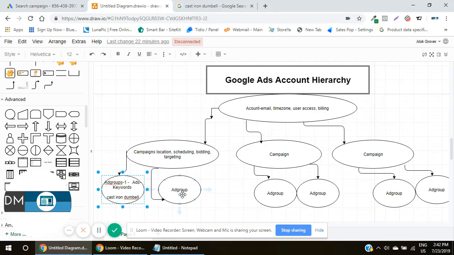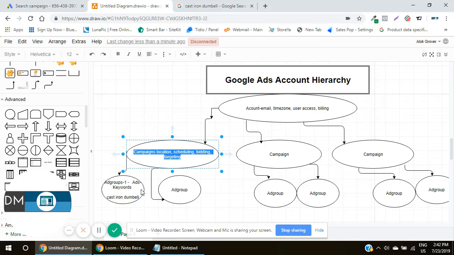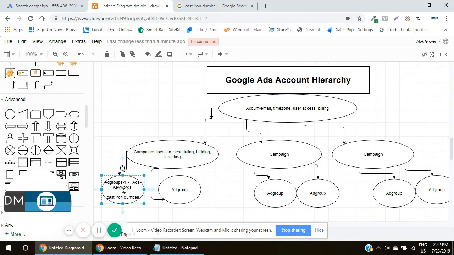Would it be the ad of this ad group, or this ad group, or maybe some other ad group in this particular campaign? It has to be this particular ad group, guys. Only the ad that is set in this particular ad group wherein this keyword got triggered would appear. So the ad in ad group 1 would get triggered, and no other ad from other ad groups would get triggered.